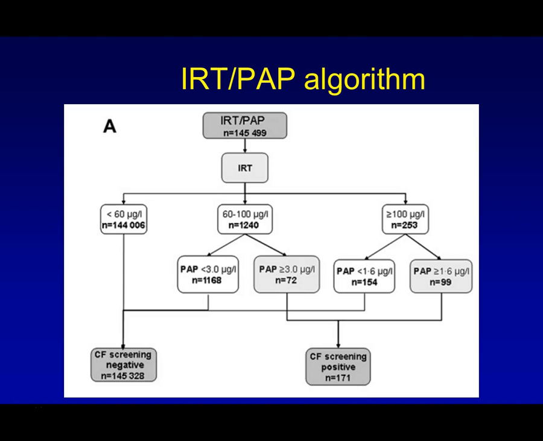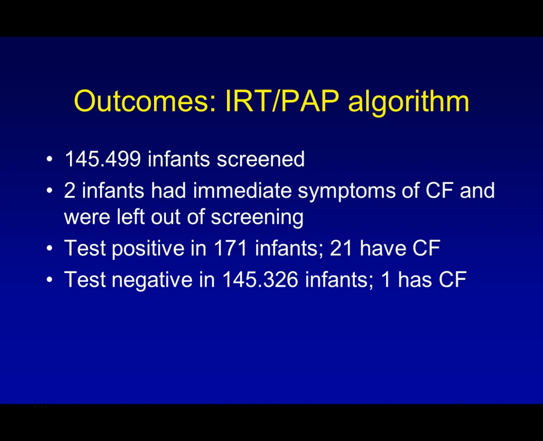They first calculated sensitivity, specificity, positive predictive value, negative predictive value with an IRT-PAP algorithm, which is shown in this slide. The outcome of this algorithm was that 2 infants had immediate symptoms of CF and were left out of the screening.